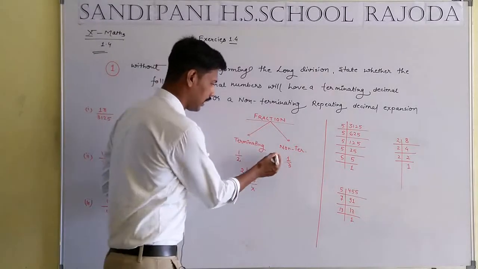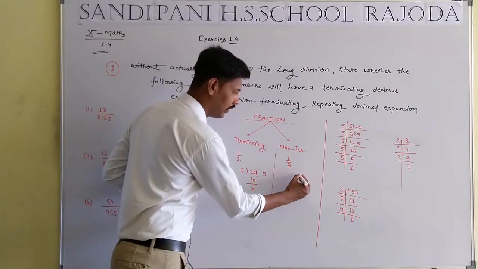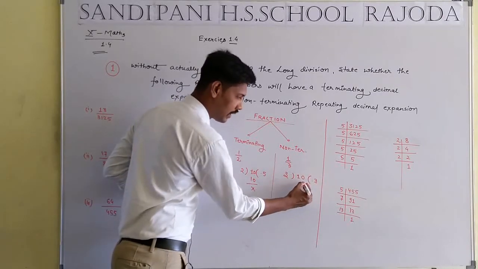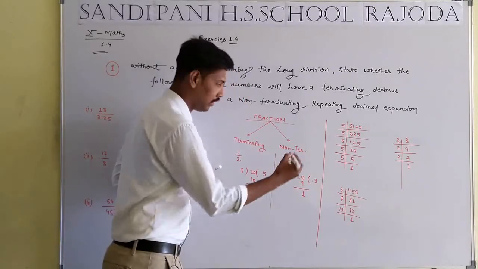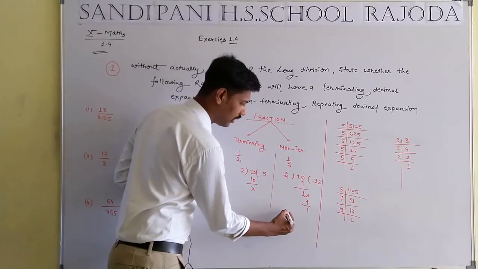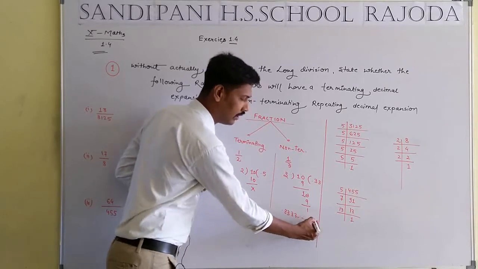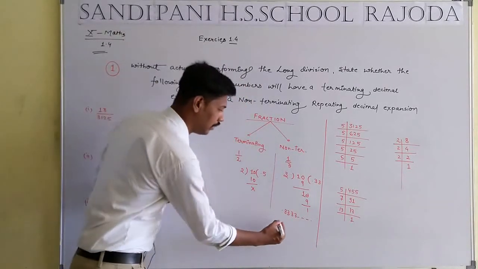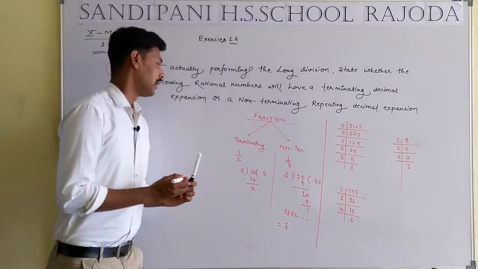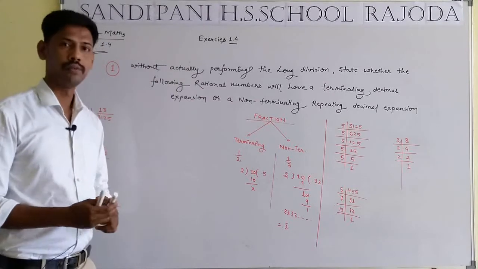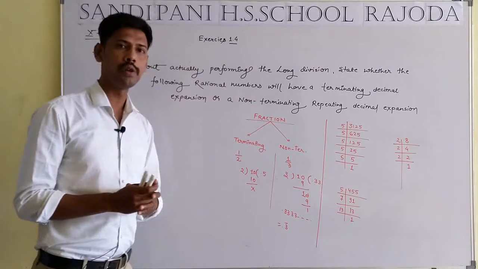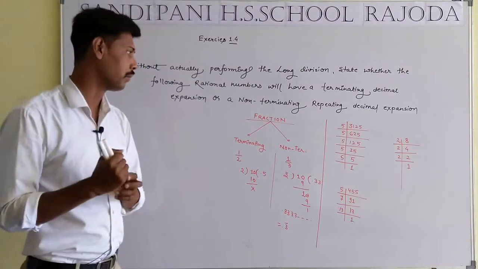But in the case of 1 by 3, 1 divided by 3 is 0.3333 touching infinity, represented by a bar. Terminating means a decimal that ends at a fixed place. In the case of non-terminating, it goes on to infinity.